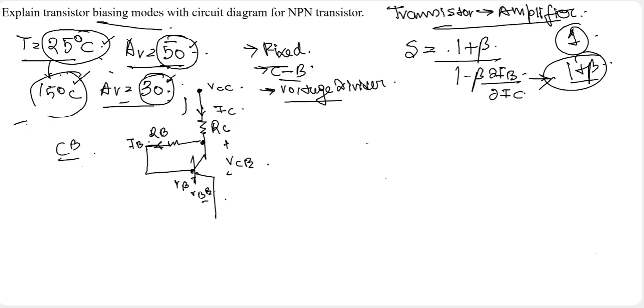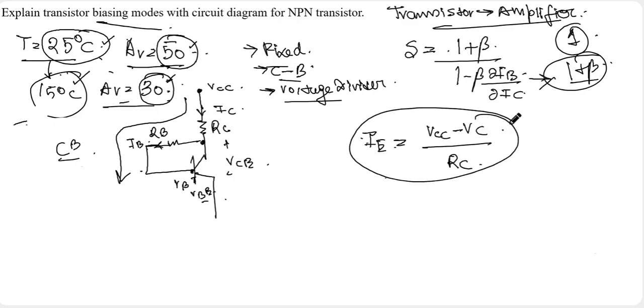So if we apply KVL in this direction, we will be getting IE is equal to VCC minus VC divided by RC. We can see this VCC is the supply voltage here, and this VC is the voltage at the collector terminal.